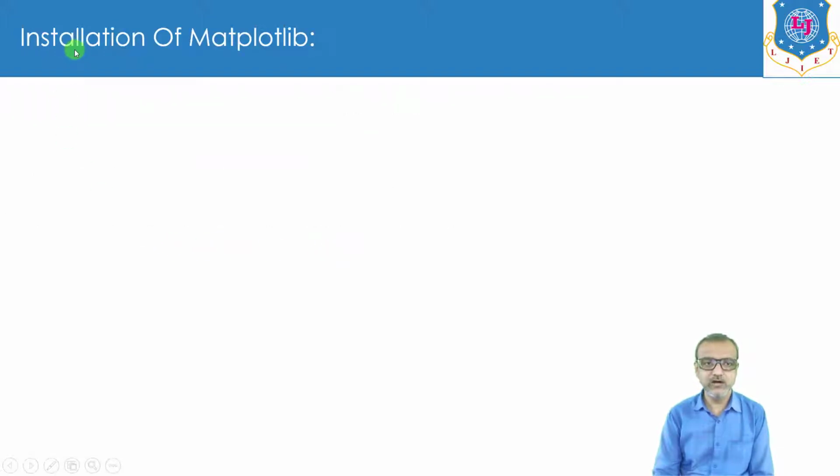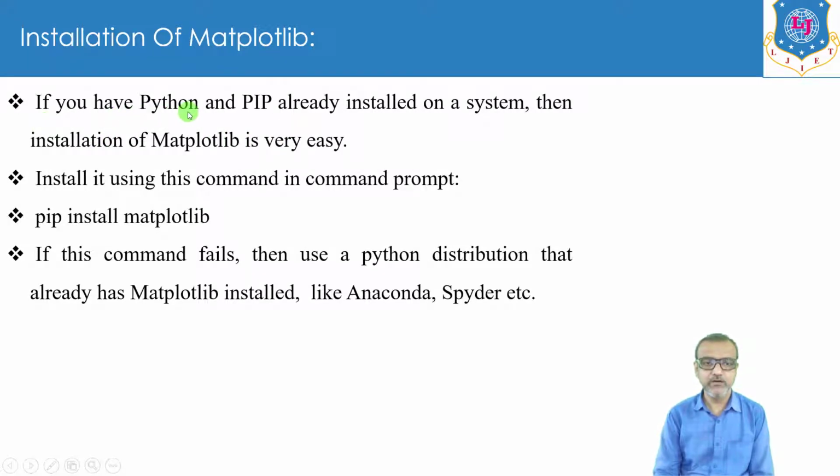Now we will see how to install Matplotlib. If you have Python and pip already installed on a system, then installation of Matplotlib is very easy. Install it using this command in command prompt, and that is pip install matplotlib.